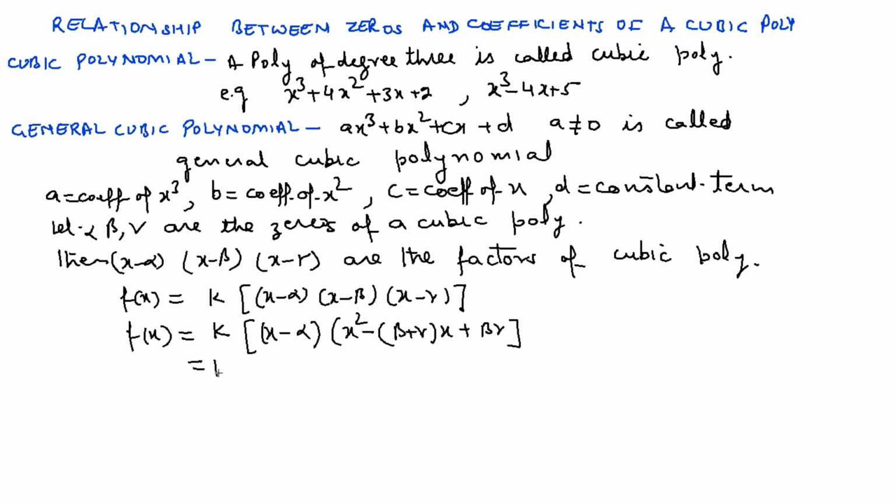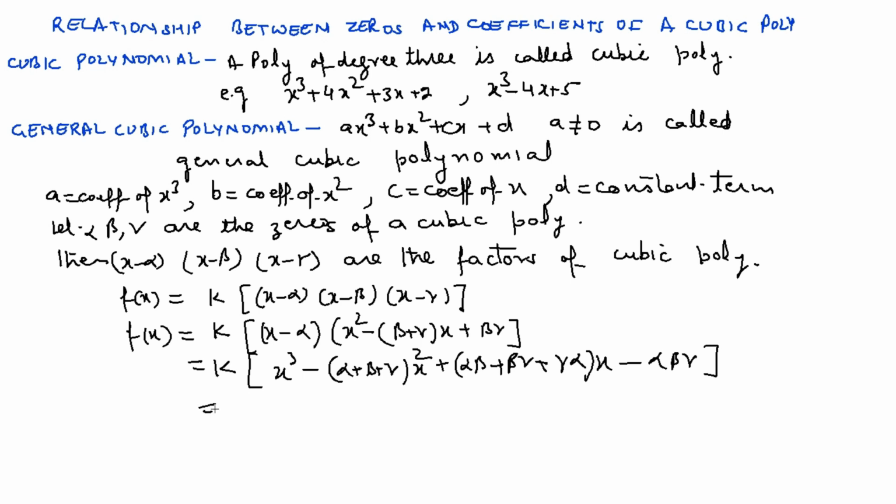I'll have k times (x cube minus (alpha plus beta plus gamma)x square plus (alpha beta plus beta gamma plus gamma alpha)x minus alpha beta gamma). Now multiply by k. After multiplying k with this bracket, I'll have kx cube minus k(alpha plus beta plus gamma)x square plus k(alpha beta plus beta gamma plus gamma alpha)x minus k alpha beta gamma.